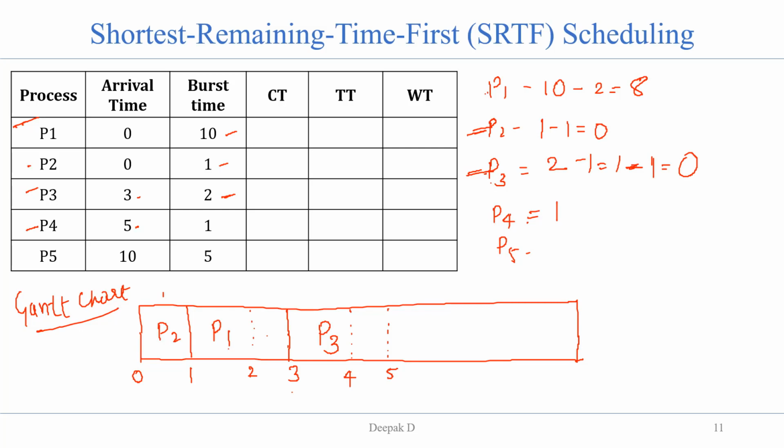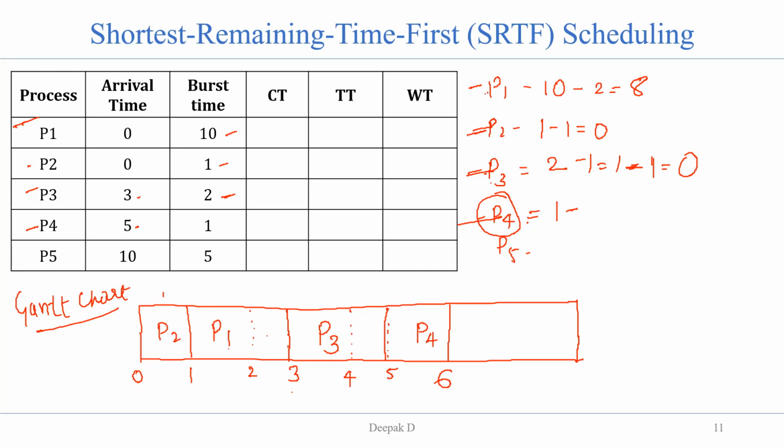As soon as I'm done with P3 execution at 5 milliseconds, P4 has arrived with 1 burst time. So I compare P4 and P1, and P4 has the shortest. I execute it for 1 millisecond. So now it is 6.